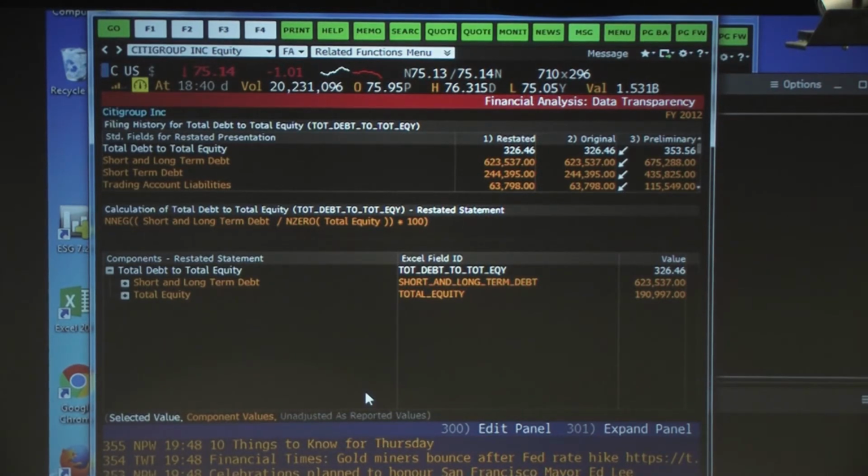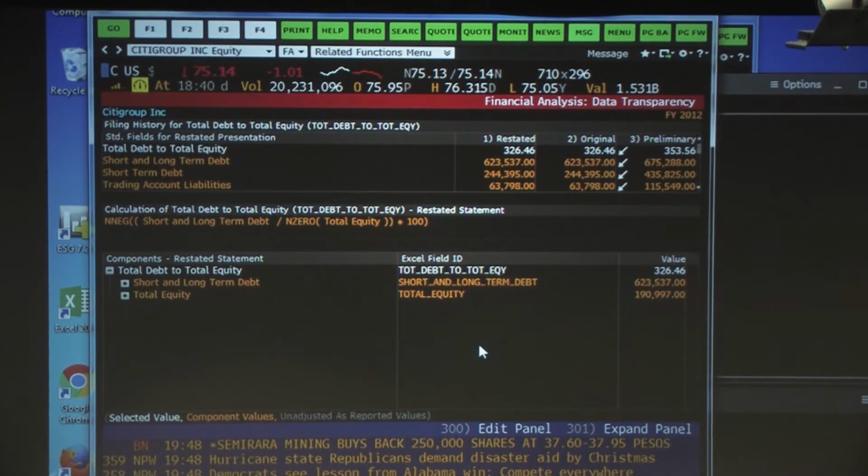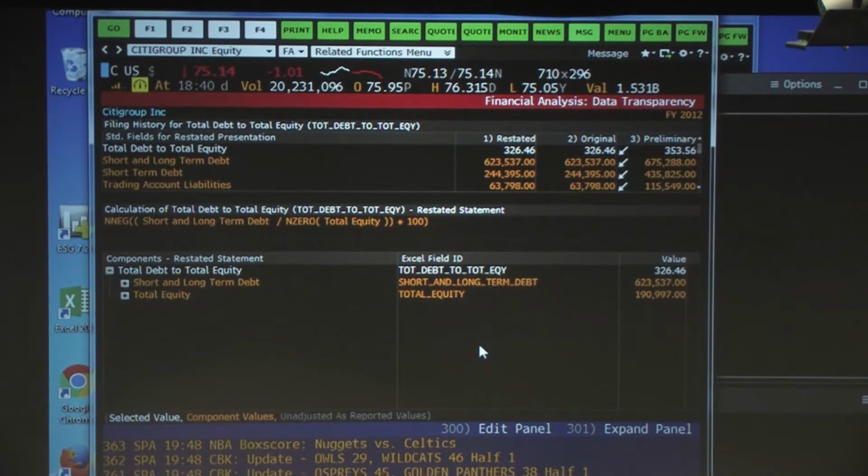They divided the 623, probably million, number by the 190 number, and then multiplied it by 100. This is really good if you want to find out about different financial statements and how Bloomberg calculates their numbers. When you have to do your analysis, you have to show your professor how you got these numbers. Bloomberg kind of does it for you. That's really nice.